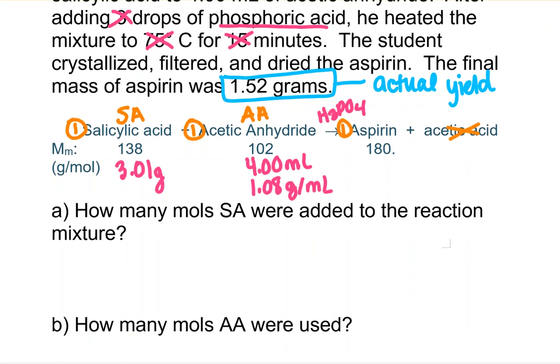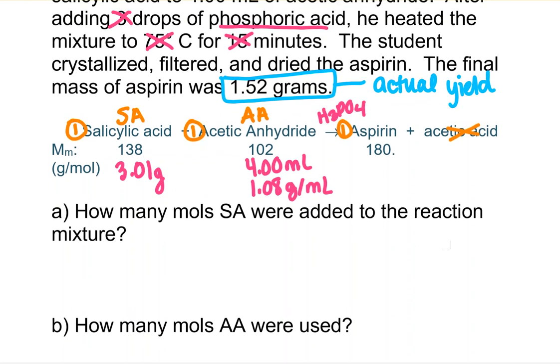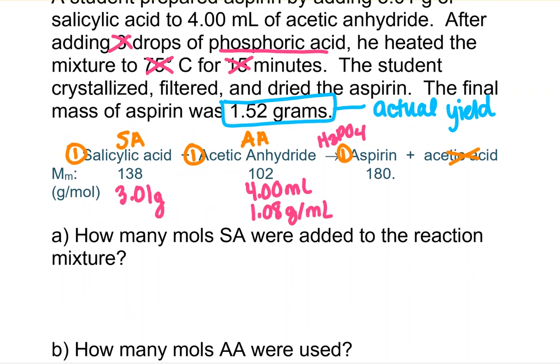So let's start going through these questions. How many moles of salicylic acid were added to the reaction mixture? Well, I was given the amount of salicylic acid as 3.01 grams. To get to moles, I'm just going to use the molar mass of salicylic acid. You may have to calculate it, or it may be given to you.